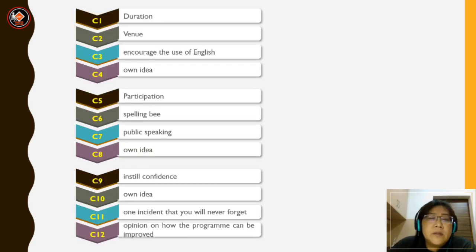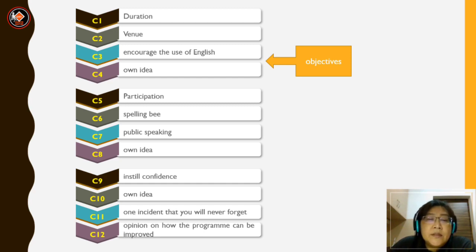Let's look at all the content points. We have 12. C1 is duration, C2 is venue. When you go to C3 and C4, encourage the use of English, so it is an objective. There is another idea that you have to give, which is also an objective. Then you have C5, participation.